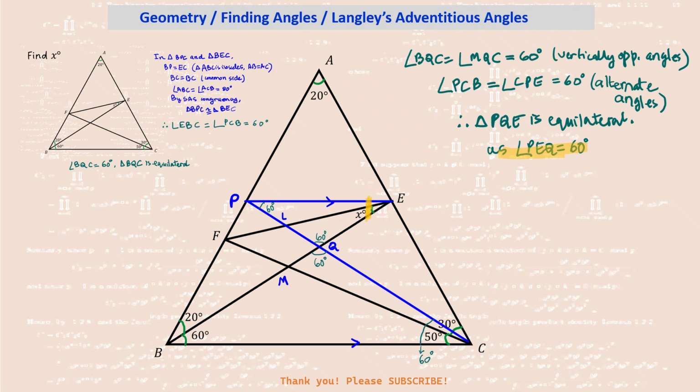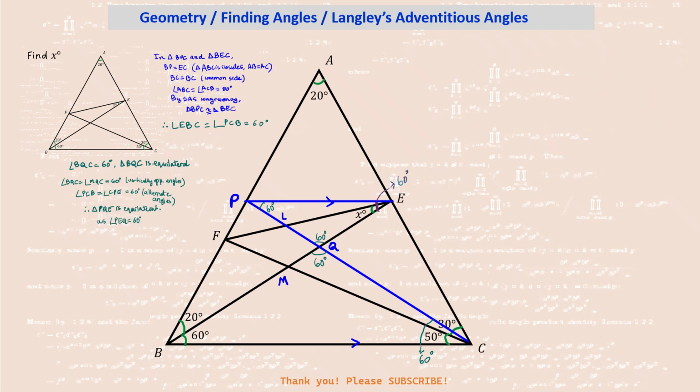So we will keep this information, and we will come back to it later to get the value of x. The next thing to do is to join QF, and then angle BMC we work out, that is 70 degrees, because you have 60 degrees and 50.